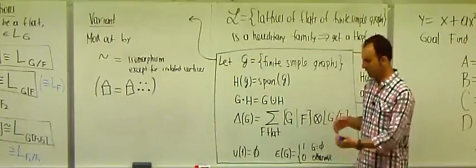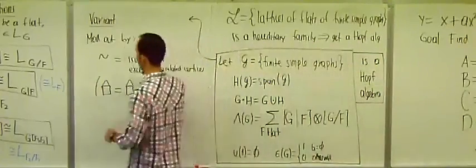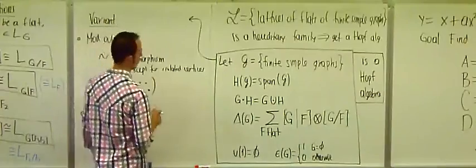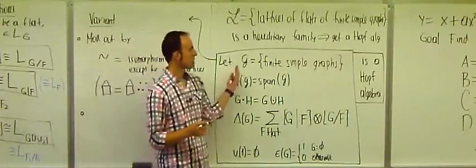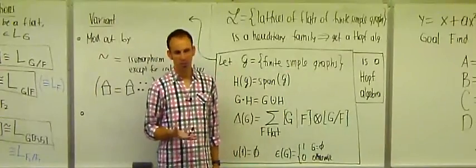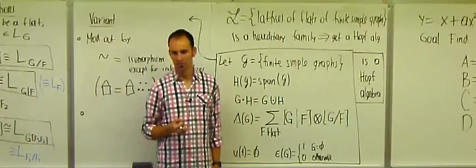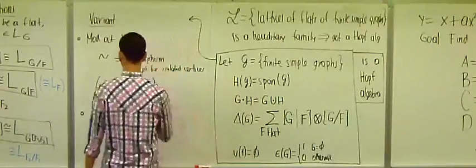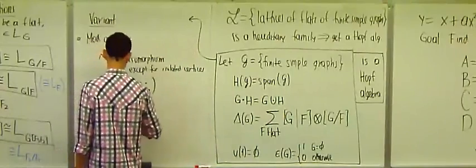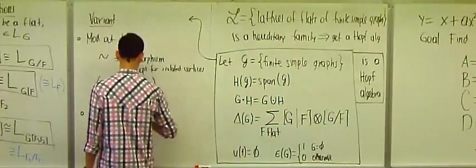Okay? Let me make another comment, which is that we can also do another variant, which is to consider not all finite simple graphs, but just a smaller family of them. This also works for any family of graphs.